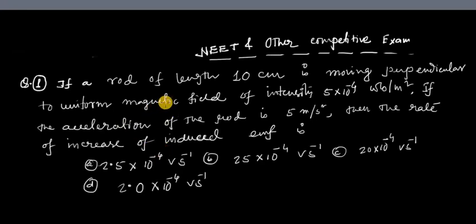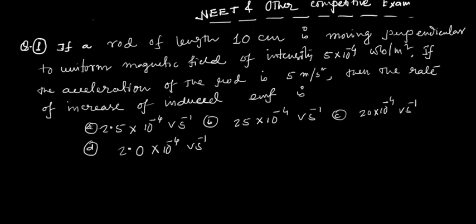Okay, so if the rod of length 10 centimeter is moving perpendicular to the magnetic field of intensity 5 times 10 to the minus 4 Weber per meter square. So we have a concept, we have a formula. I'm first writing down the formula.